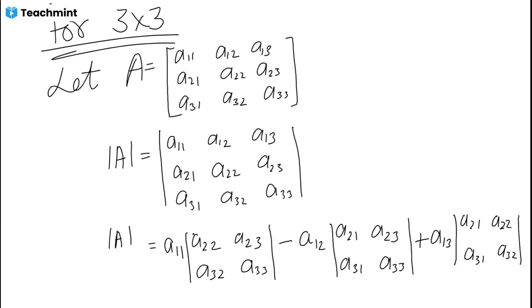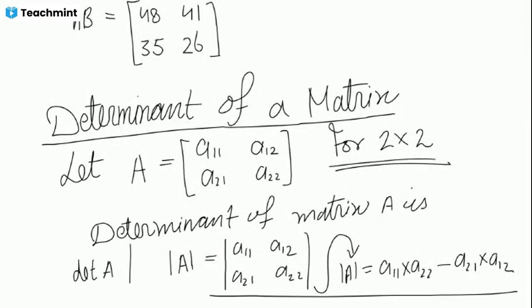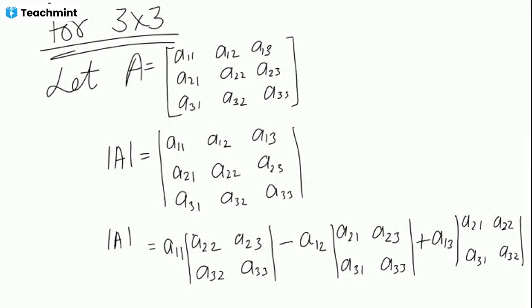And we'll solve these 2 by 2 determinants by the previous method, same as this. Then you can find determinant of a 3 by 3 matrix. You got it now?